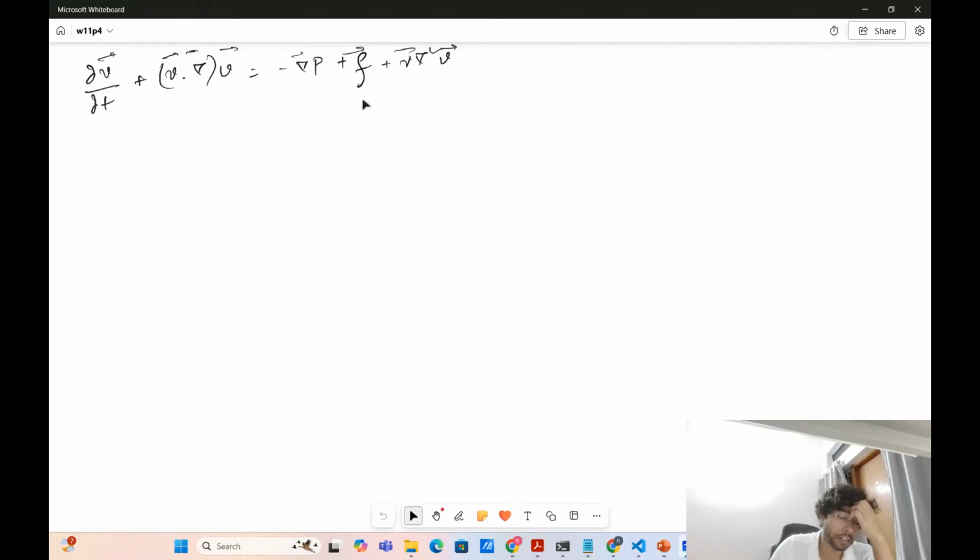So F is the external forcing. Now, if we just consider steady state and if we neglect the pressure, so this term goes to zero and this term goes to zero. So if we just neglect these two terms, we're left with these two terms. Okay. So this is the forcing.